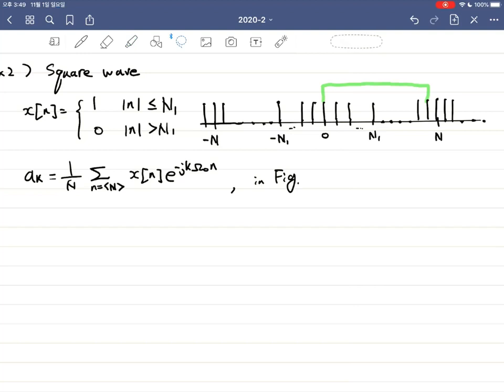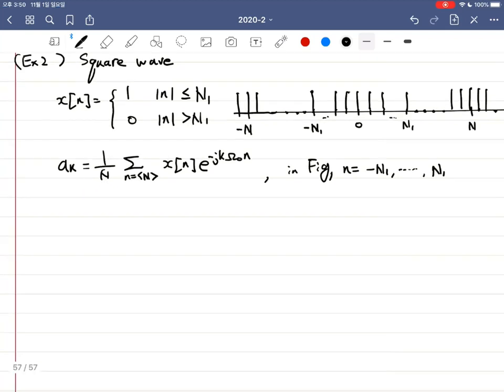However, it does not matter if I do it with these, right? So I will set n as minus n1 all the way up to plus n1. It does not matter, right? Because it does not matter where it starts as long as you do the summation over one period.